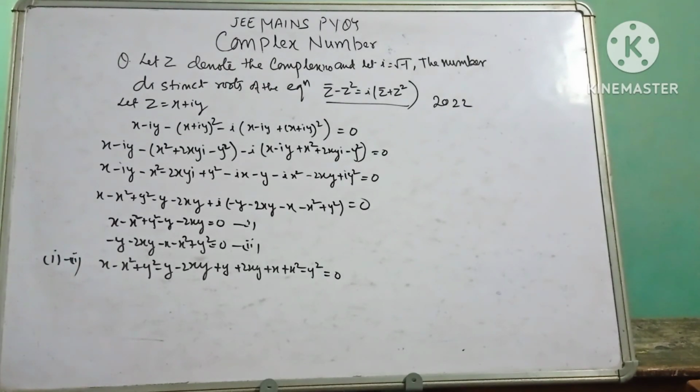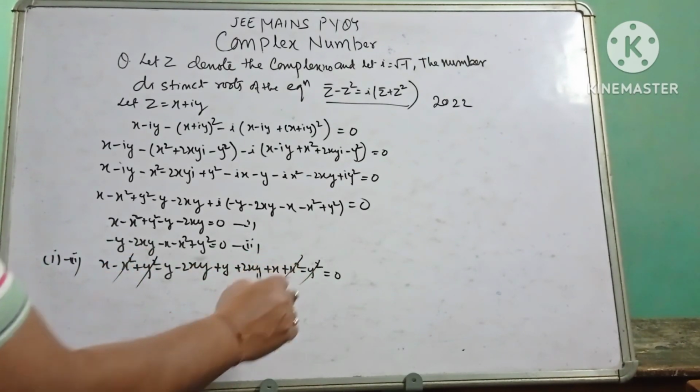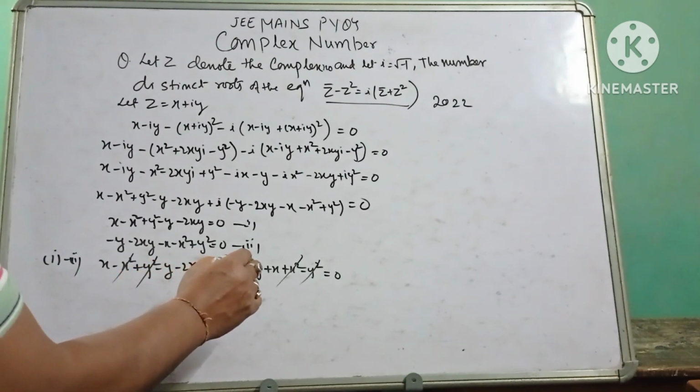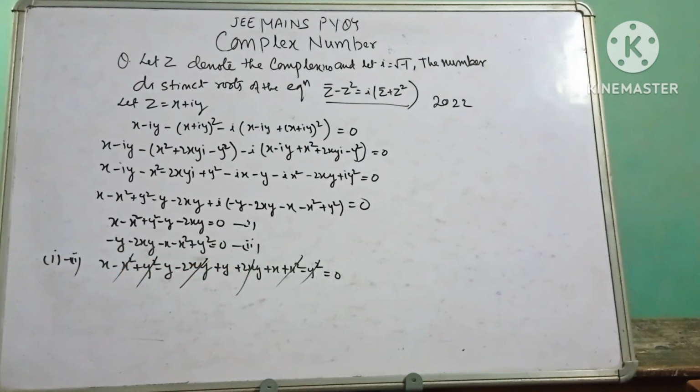So now you will see that your minus x square plus x square cancels out. Again minus y square cancels out. Again minus 2xy and plus 2xy cancel out. And minus y and plus y also cancel out.